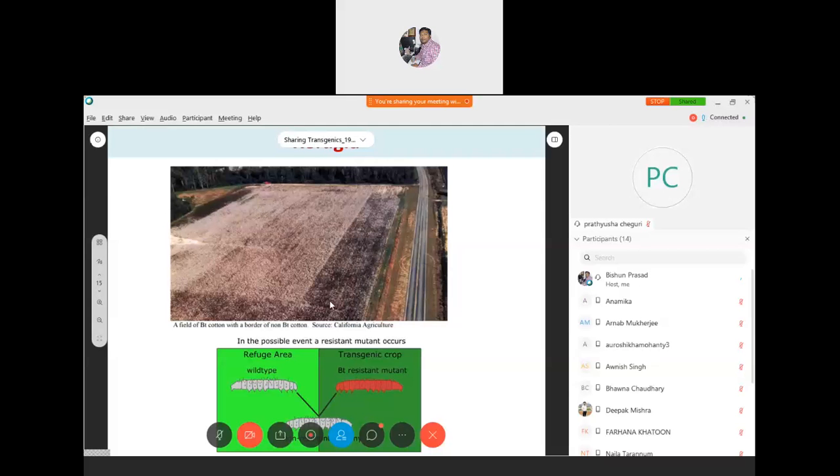So insects are able to feed on those plants which are not transformed, or plants which are not secreting the toxin. The cotton plants which are producing the Bt toxin will kill the insect, whereas the plants which are not producing the Bt toxin will not kill the insect, and the insect will eat those plants.